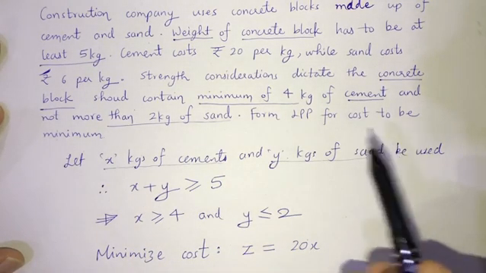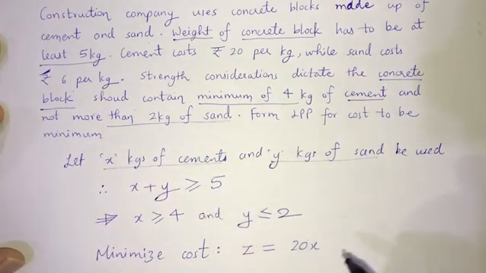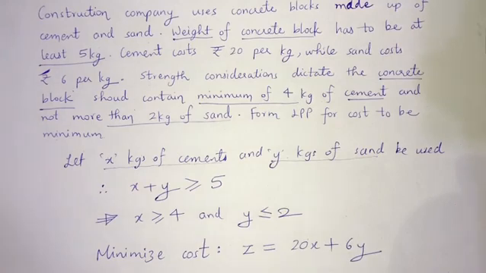For sand, the cost is 6 rupees per kg, so we get 6y. So 20x plus 6y is the total cost for making the concrete blocks, and we are going to minimize it.